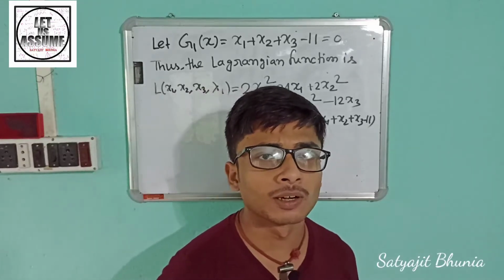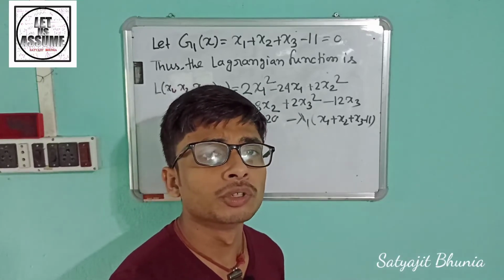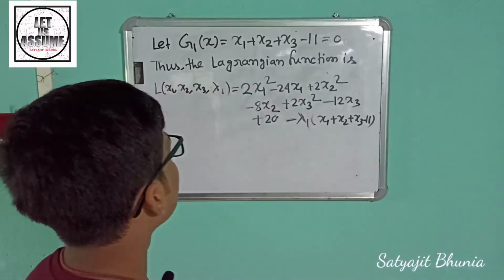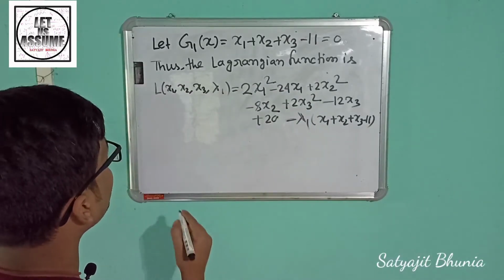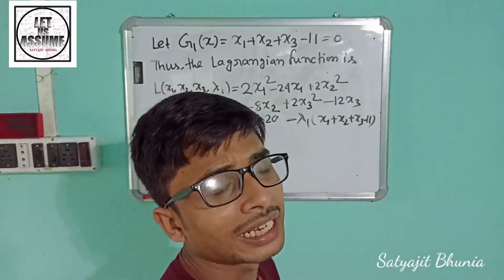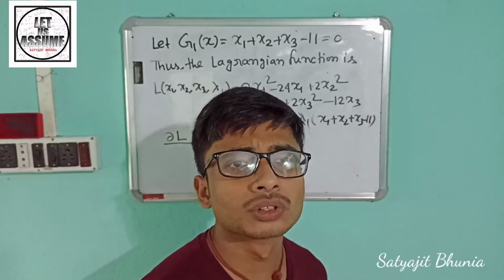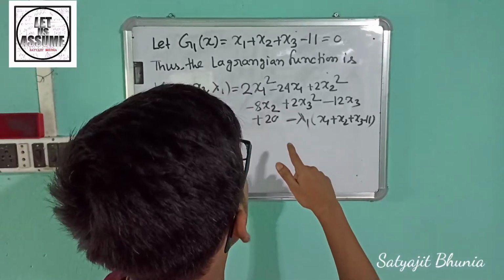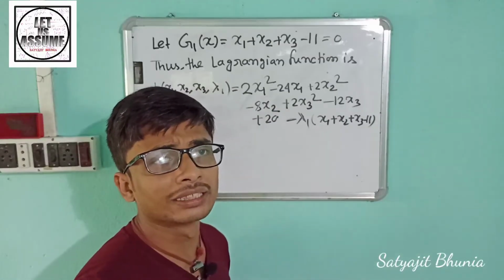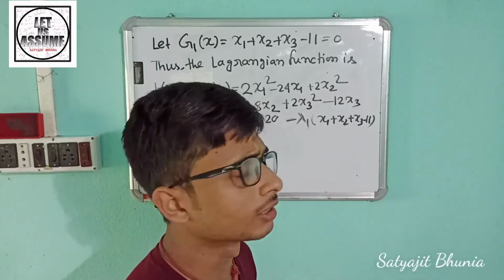The necessary condition is del L by del xi equals 0 and del L by del lambda j equals 0. Here i equals 1, 2 and 3, because there are 3 variables x1, x2 and x3, and j equals 1 because there is one constraint.